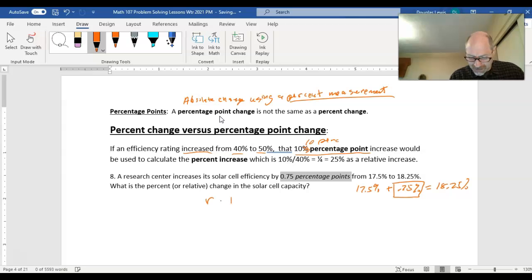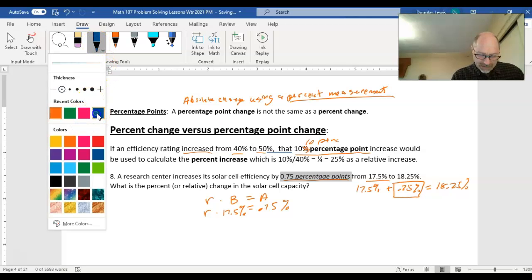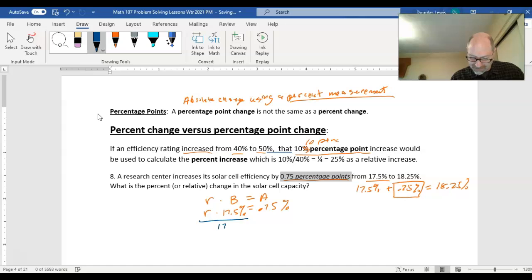So if you use rate times base is equal to the amount of increase, that's the absolute increase, which is 0.75 percentage points. The original base is what? 17.5%. And so to solve for the rate, we're going to divide by 17.5%.